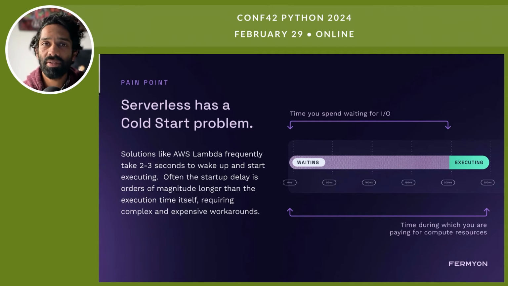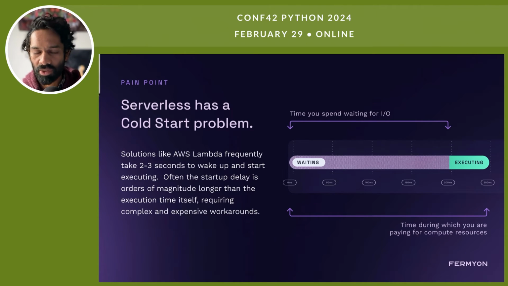This is not ideal for many use cases where speed is of the essence. And people have complex and expensive workarounds by warming up an instance by sending pings once in a while, which costs are borne by you as the customer, right? So that's not just coding complexity, but also costs.